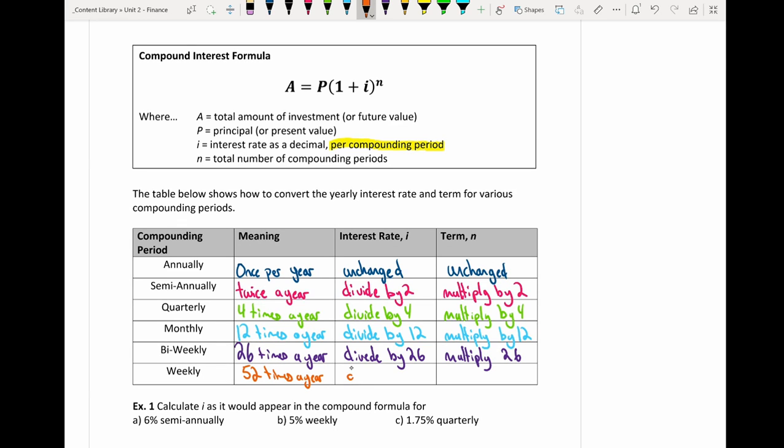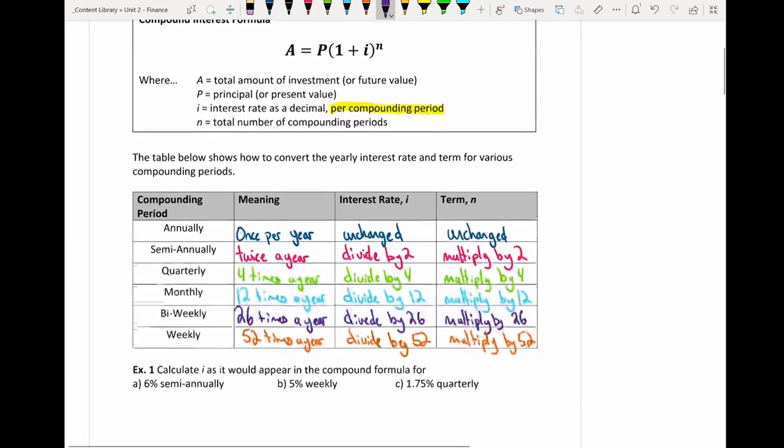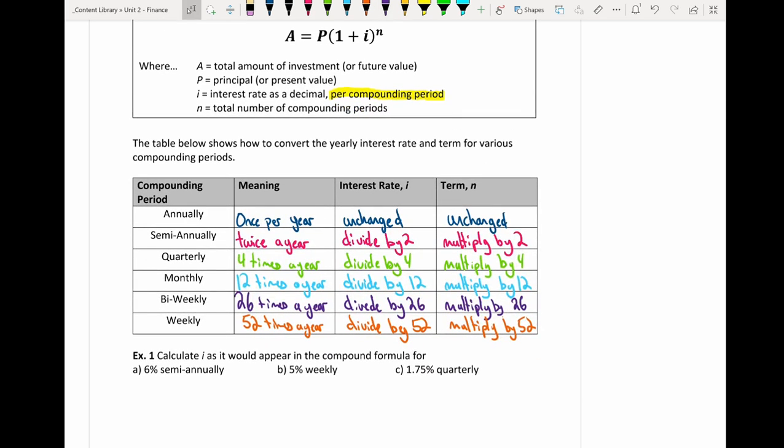So we have to divide by 52 and multiply by 52. What we have to do for the I and the N are two small calculations before we can actually put them into our equation.